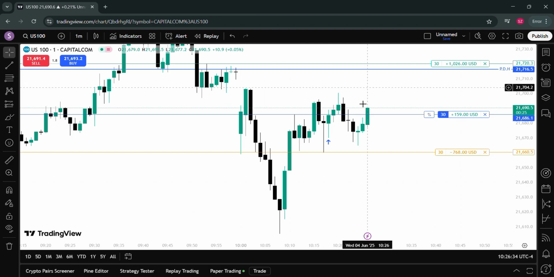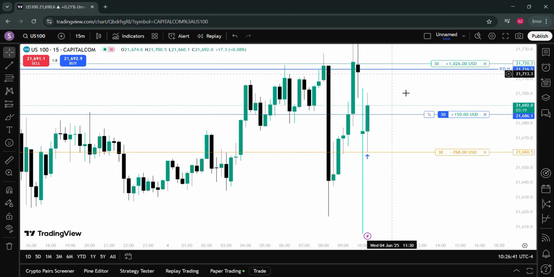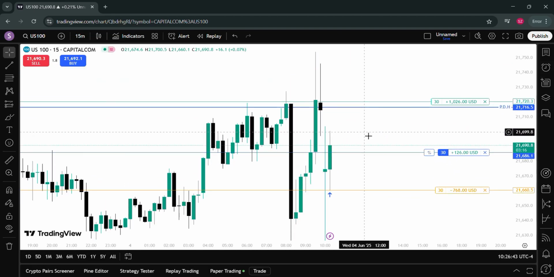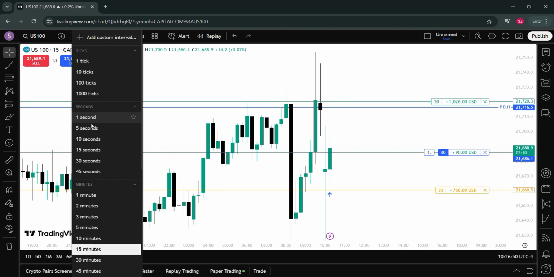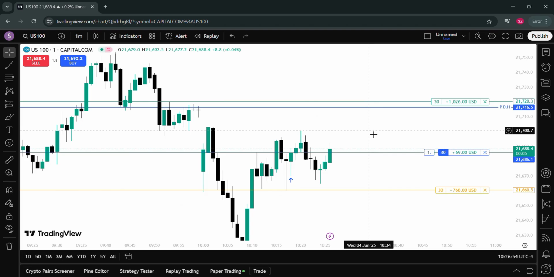And the price is shooting up. Drop down to 15 minutes. Only 3 minutes left for the 15-minute close. Let's see. That's good momentum right there.